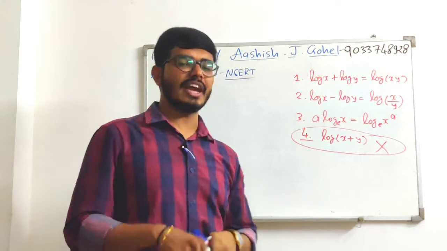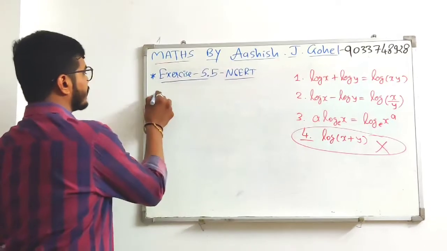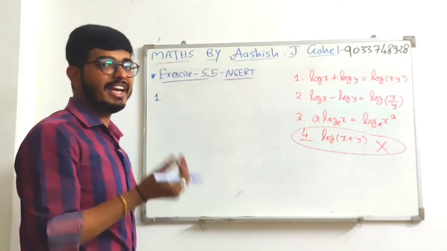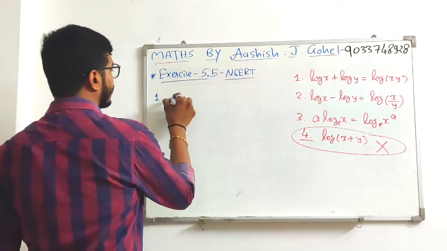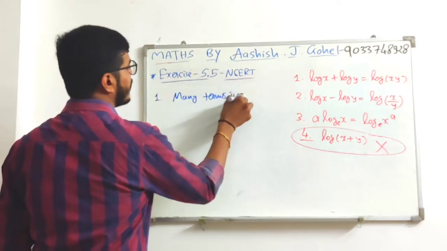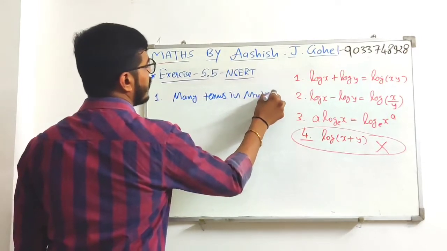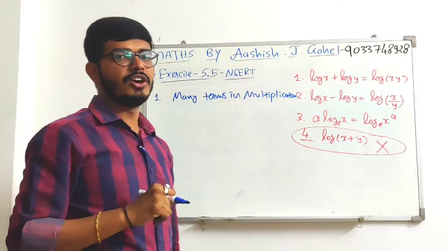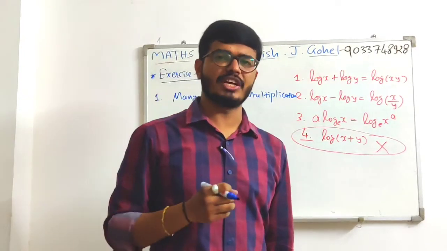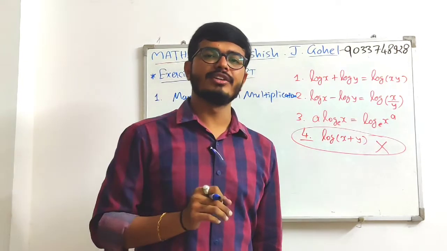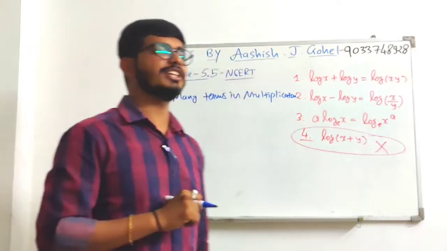The condition is that the function must have many terms in multiplication. If any function is given with so many terms in multiplication, then instead of using the product rule, we can apply log, and after that we can solve that question.